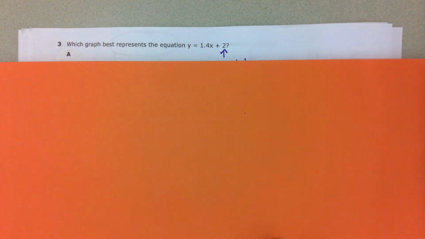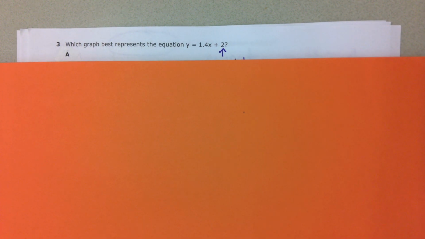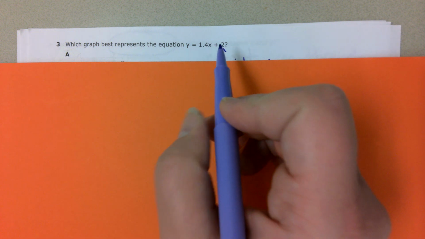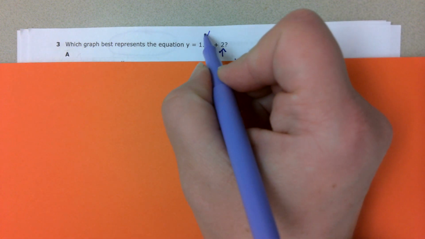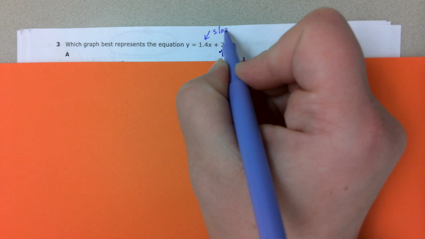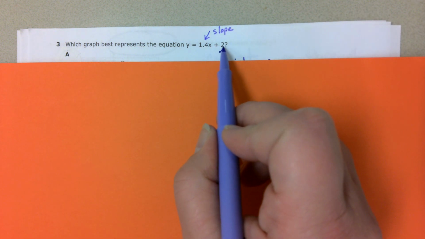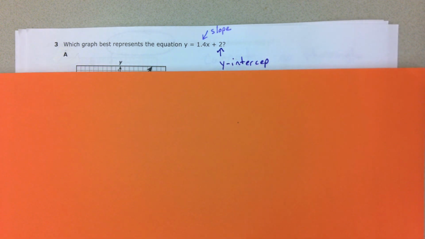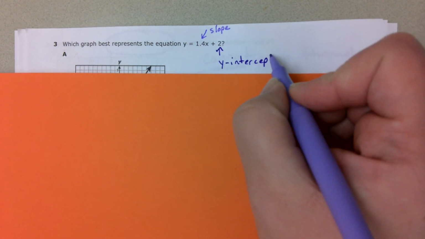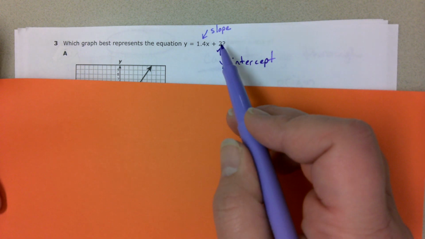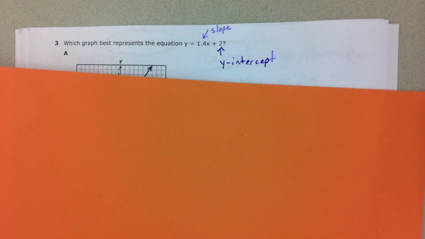Number 3, which graph best represents the equation y equals 1.4x plus 2? We need to remember that this is our slope, so y equals mx plus b, m is your slope, b is your y-intercept. All I'm doing is looking first to see which graphs have a y-intercept of 2.